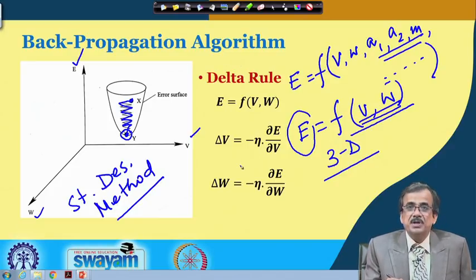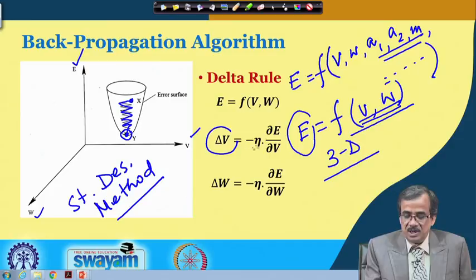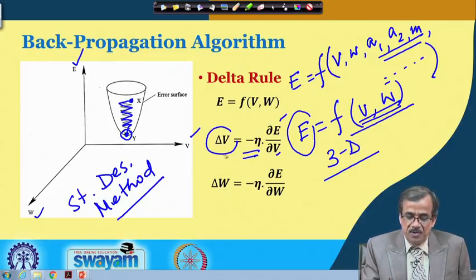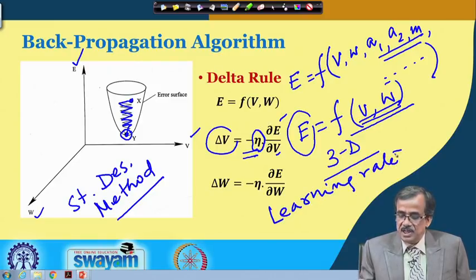Now, here what we do is we try to find the change in V, the connecting weight between the input and the hidden layer, that is nothing but minus eta multiplied by the partial derivative of error E with respect to V. So, delta V is nothing but minus eta multiplied by del E del V. This eta is known as the learning rate, and it varies in the range of say 0 to 1.